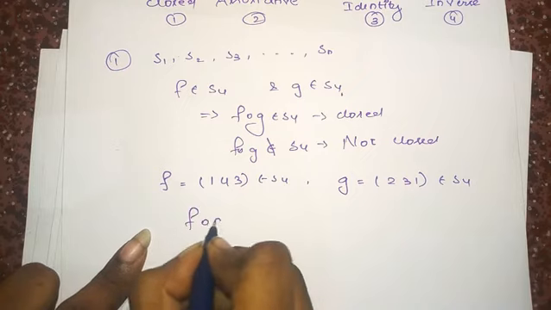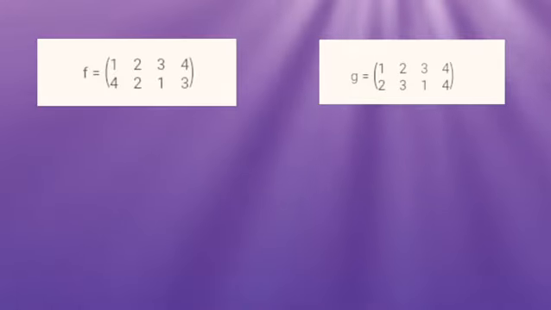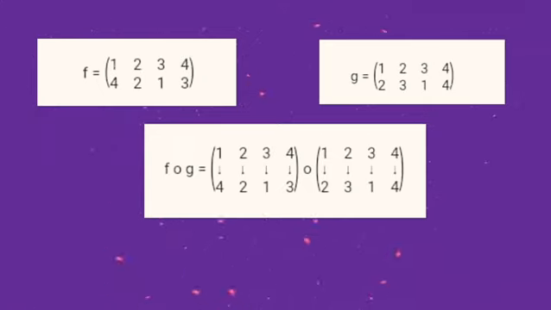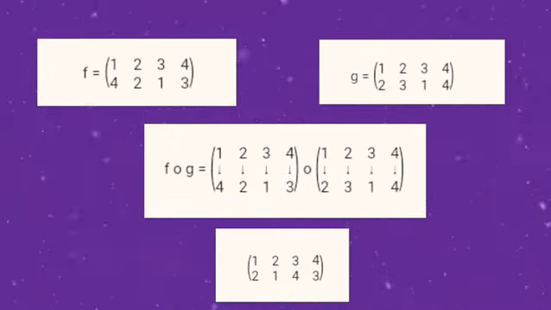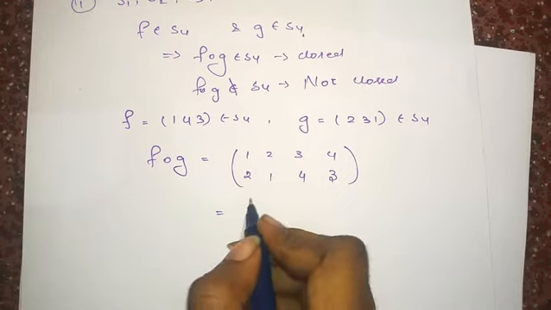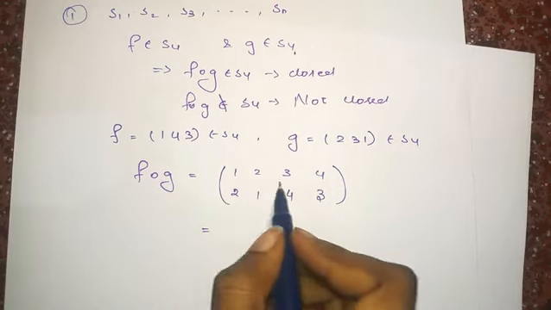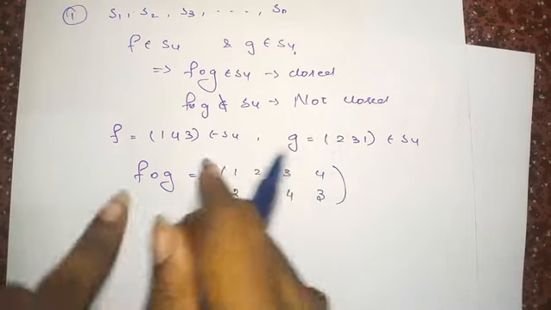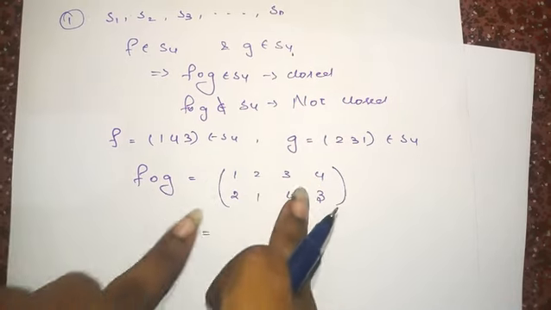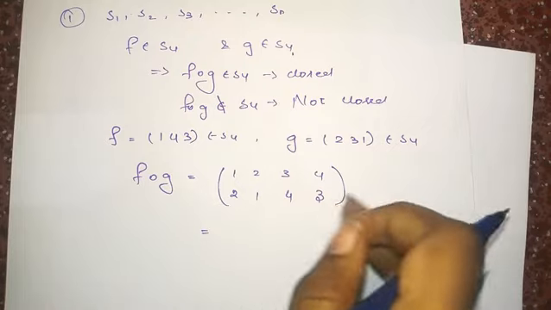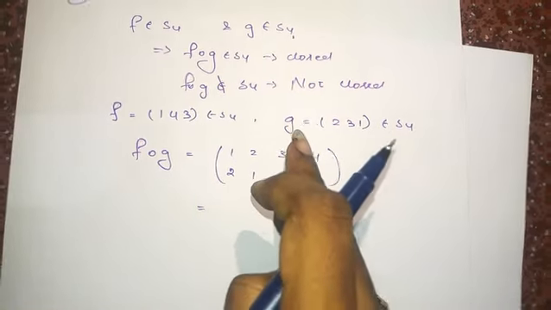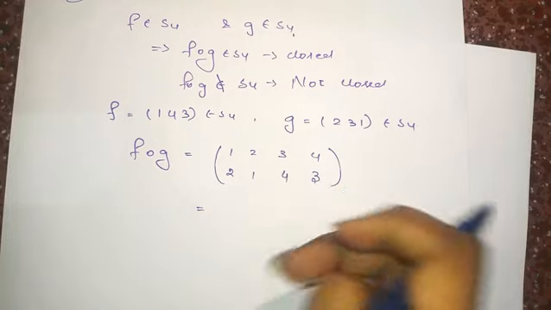I'll compute F composition G, and I'm going to write it in short form. I have already discussed how to do the composition mapping and how to write the shortcut form in my past lectures, and I have given these two lectures in the description box.